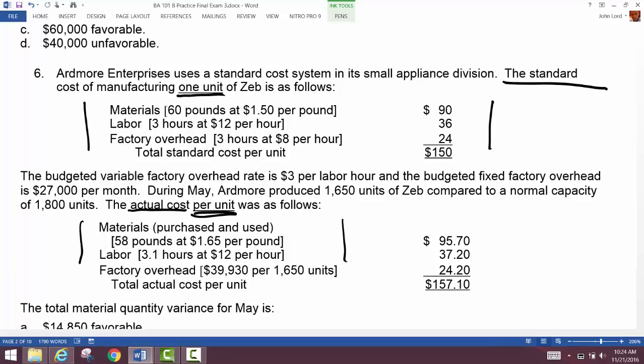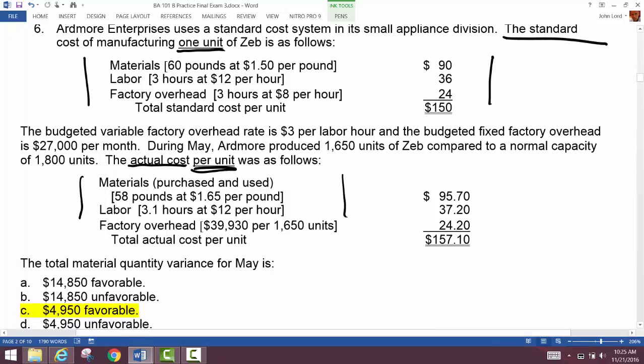So they asked me my materials quantity variance. Materials quantity variance is going to be the standard price times standard quantity minus the actual quantity. Do they give me the standard price for these materials?